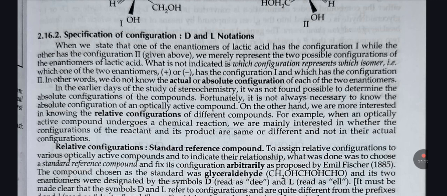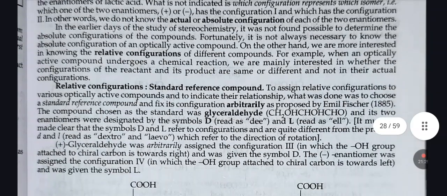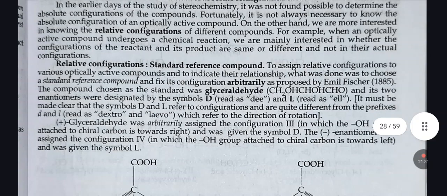On the other hand, we are more interested in knowing the relative configuration of different compounds. For example, when an optically active compound undergoes a chemical reaction, we are merely interested in whether the configurations of reactant and product are the same or different, and not in their actual configuration.